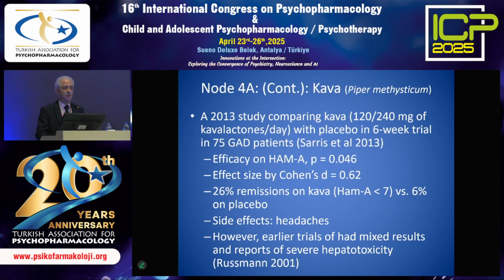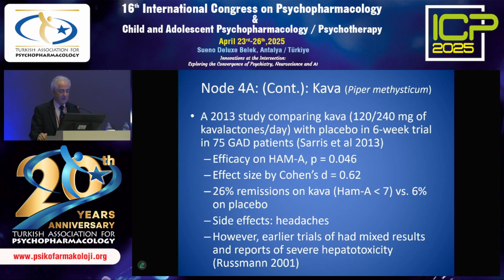And I want to discuss two other treatments at this level of the algorithm, two herbs that are commonly prescribed. There was a study about 12 years ago comparing kava with placebo in a 6-week trial.